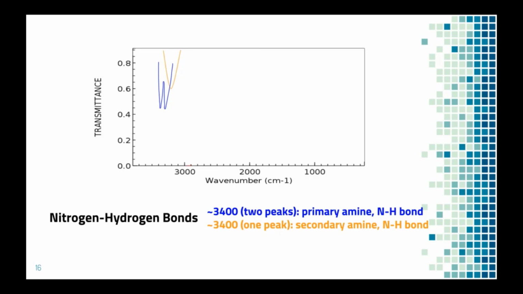And as we know, for primary amines, that means there's one carbon attached, and there will be two hydrogens attached to that nitrogen. And then for one peak, it's a secondary amine. They'll be approximately in the same area, but the distinguishing factor to look for is definitely the number of peaks that are present.